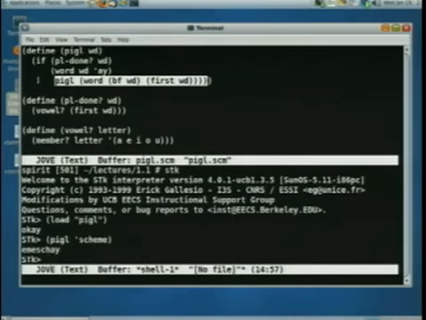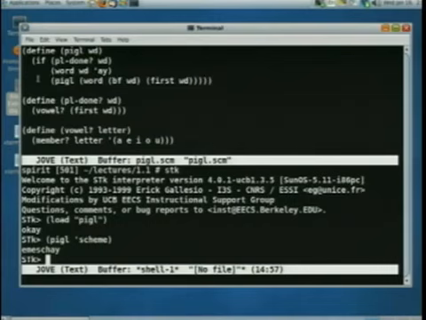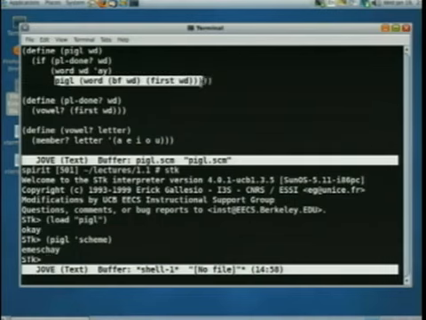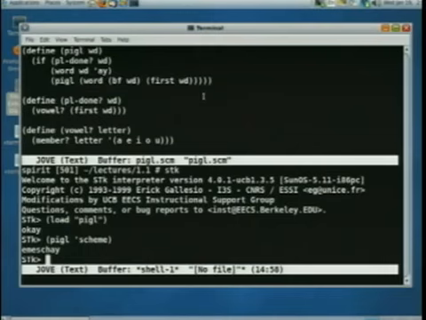If, being a special form, has its own evaluation rule, which is it starts by evaluating its first argument expression. That has to be true or false. If it's true, we evaluate the second one and forget about the third one. If it's false, we evaluate the third one and forget about the second one. Okay? So that's if is a special form.